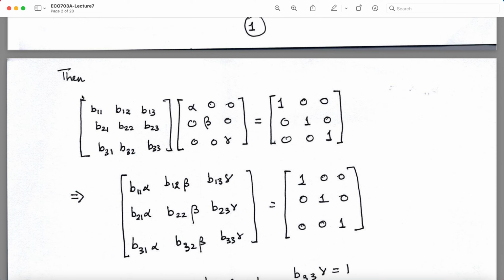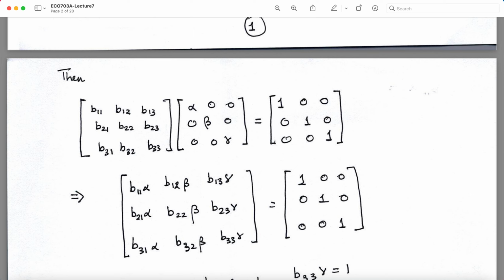What we do is take the first row into this, the second row into this, and the third row into this. Those are the first column entries of the product matrix. Either way, you are basically multiplying this matrix with the first column, with the second column, and with the third column.